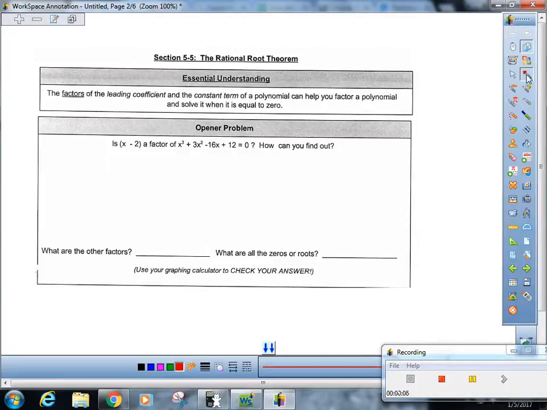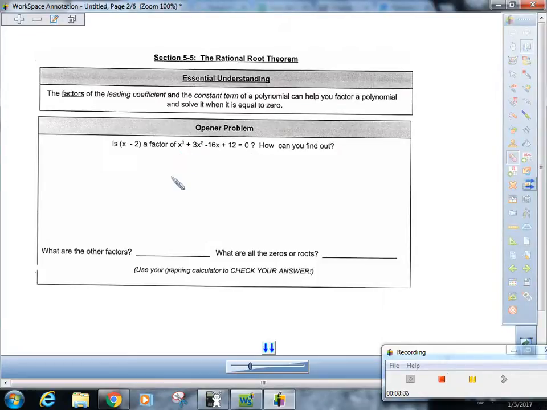It's asking you, is x minus 2 a factor of this equation? Remember, it's a factor of it. There's two ways we can test it. Well, really there's three. We could just divide it out. So let's use this time to actually divide it out, and we're going to use synthetic division because it's easier and because I think we need a review on it.